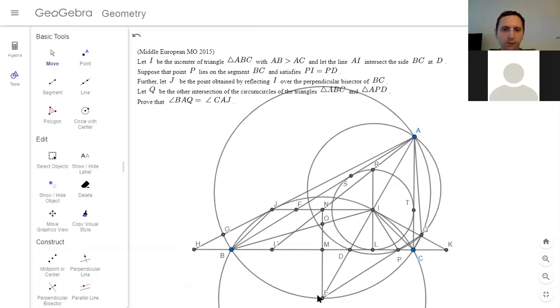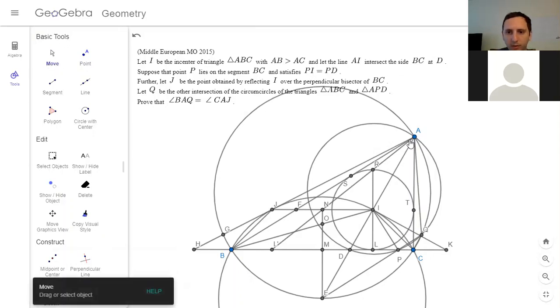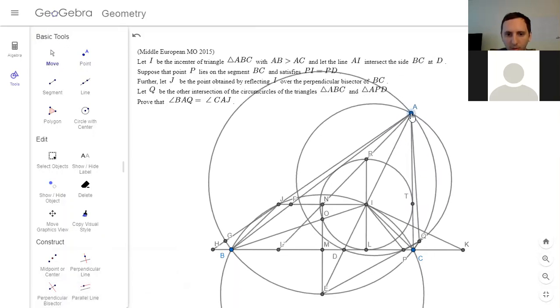I don't know if it's worth actually drawing the X circle, but I'm just keeping it in my mind. It looks like AJ is tangent, but I don't think it is. No.